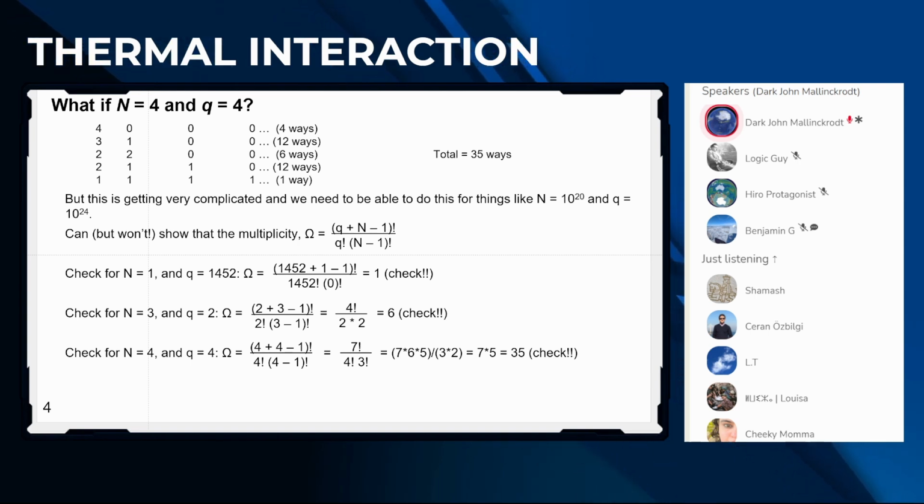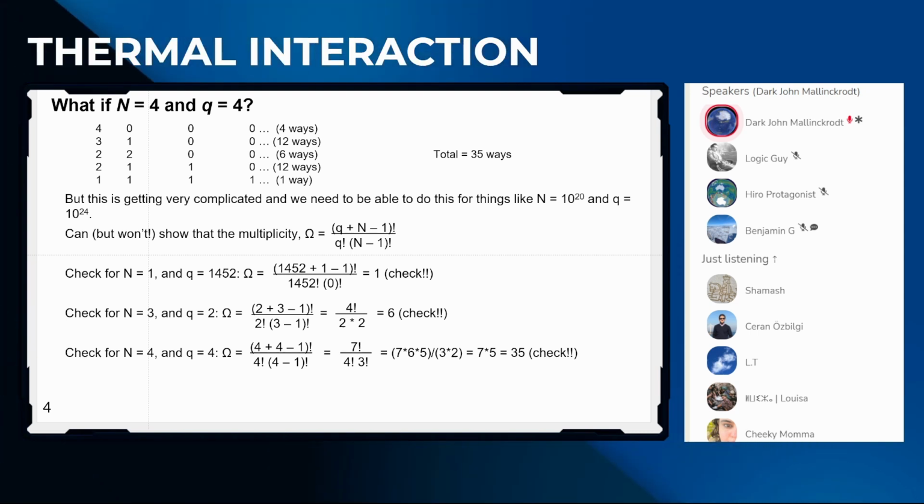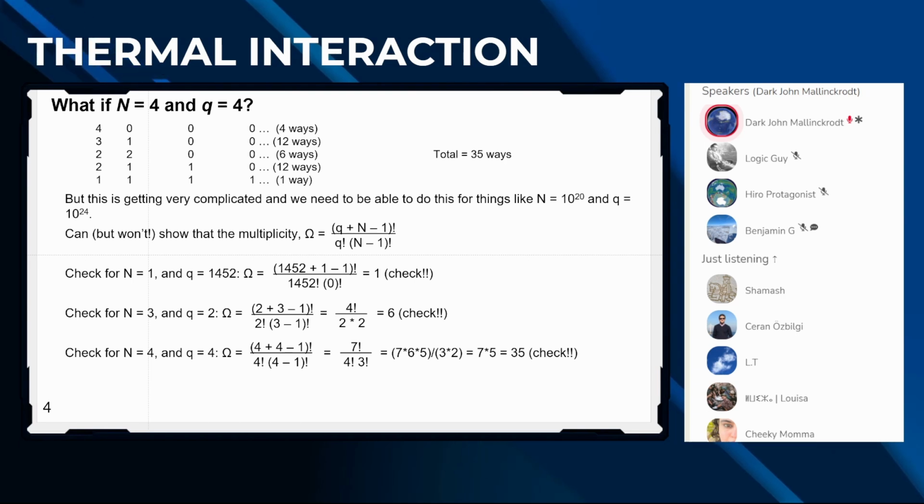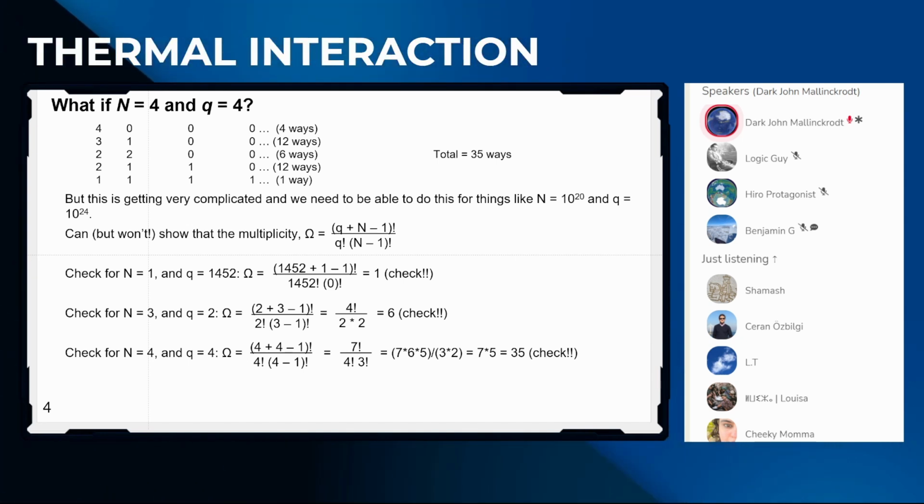And then finally, the more complicated one that we did here, n equal 4, q equal 4, that's going to be 7 factorial divided by 4 factorial and 3 factorial. The nice thing is you can take the 4 factorial out of the 7 factorial and be left with 7 times 6 times 5, and then divide by the 3 factorial, which is 3 times 2 times 1.